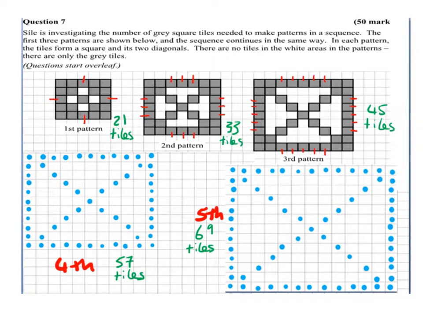In the next pattern we had the 4 corners, and then we had 3 across, 3, 3 and 3. Then in the next one again we had our 4 corners, and then 5 across.